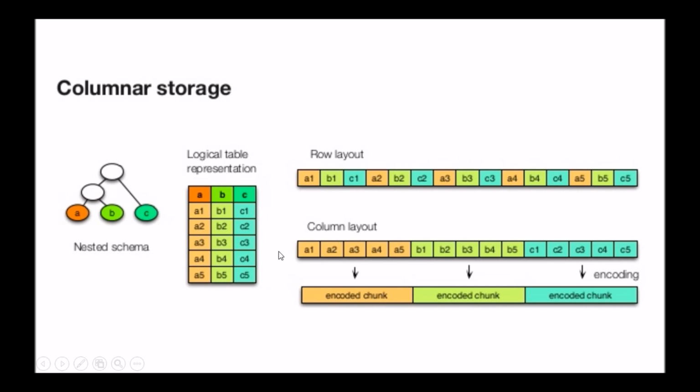So in this example, instead of storing every column of every row appended one after another, we first store the same column data together. Here we store all the values of column A first, then the values of column B, and then finally the values of column C. So this is essentially how Parquet works. It's a columnar storage. That's a quick recap of columnar storage.